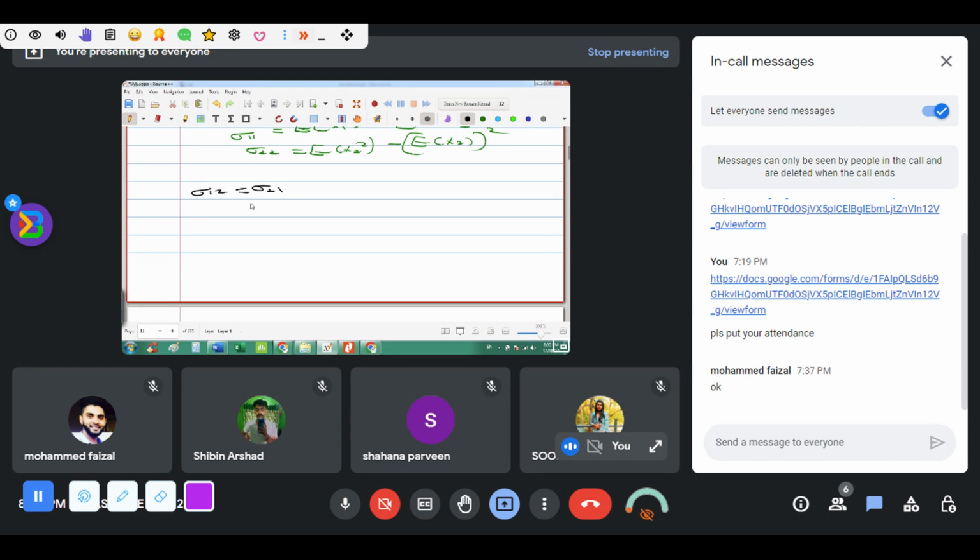You know the symmetric matrix? A symmetric matrix means the transposes are equal. If A is a matrix and A transpose equals A, it is called a symmetric matrix. Therefore A12 and A21 are the same.